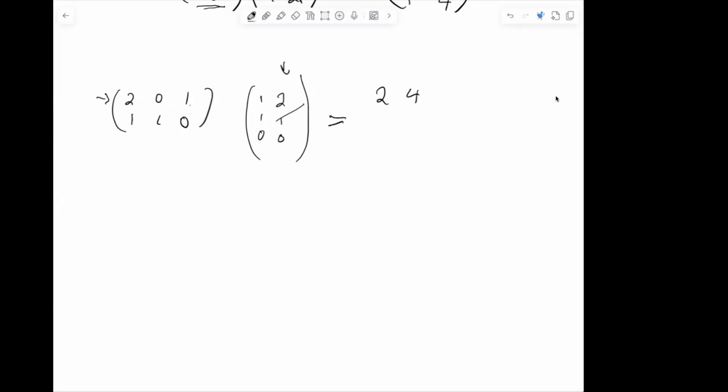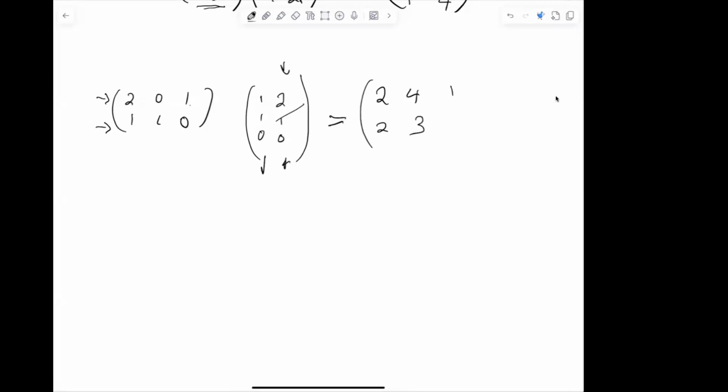Let's continue now. We have this row times this column. So it's 1 plus 1, it's 2. And lastly, we have this row times this column. So we get 1 times 2 is 2, plus 1 is 3.